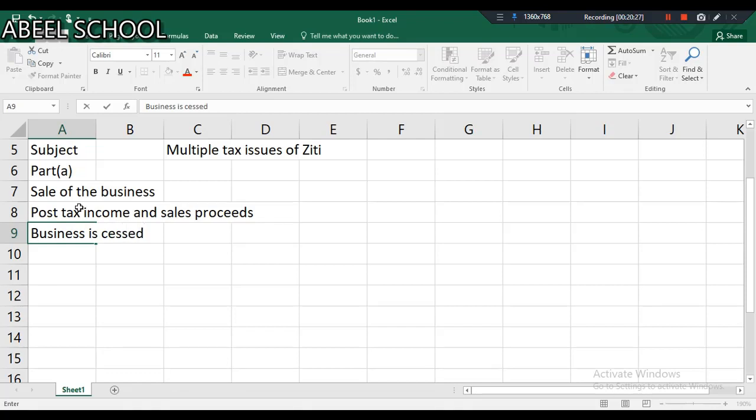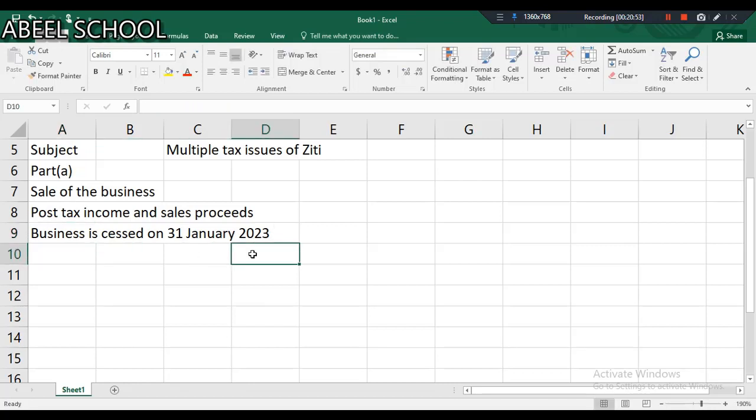We have to make first accounts till 30th April 2022.